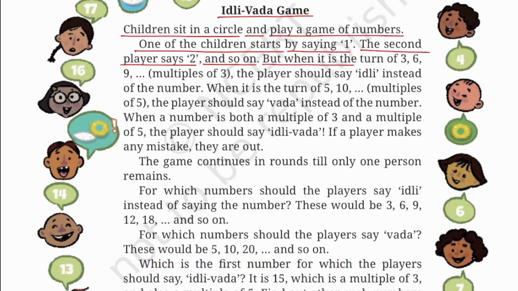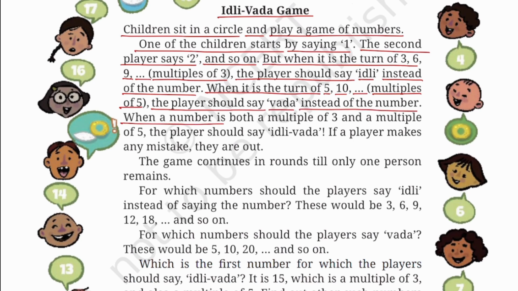But when it is the turn of 3, 6, 9, and so on, multiples of 3, the player should say idli instead of the number. When it is the turn of 5, 10, and so on, that is multiples of 5, the player should say vada instead of the number.